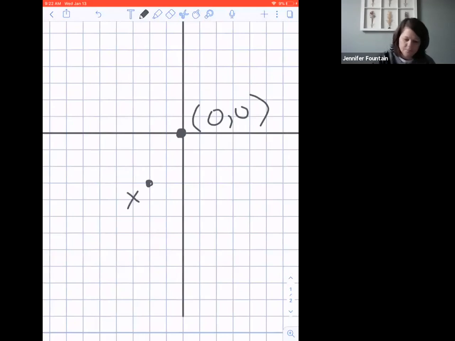We said that was -2, -3. And then Z is going to be 3, -4. 1, 2, 3, 1, 2, 3, 4. Okay, and that is Z. So that was O, and Z is 3, -4.